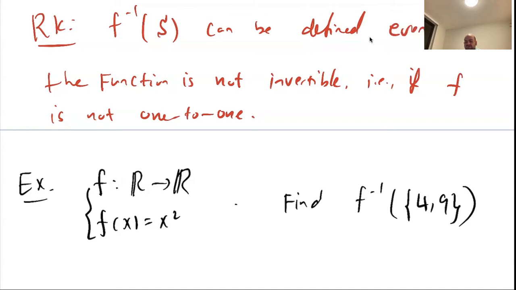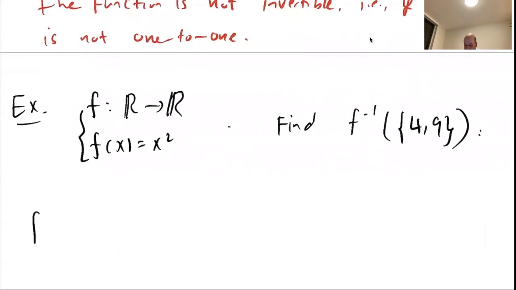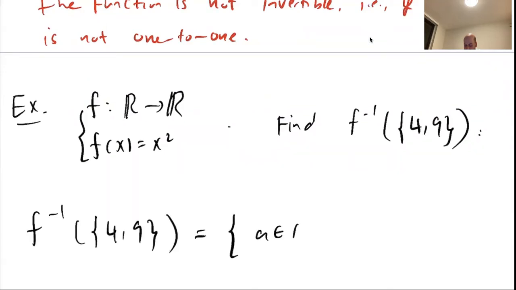F inverse of a set {4, 9}. How can I find it? So f inverse of {4, 9}, according to my definition, is the set of all elements a inside the domain such that f of a belongs to my set {4, 9}.